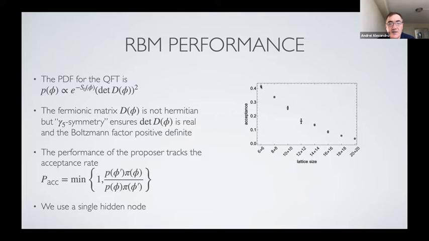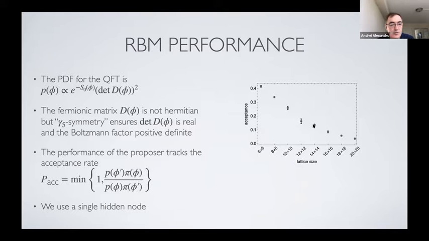This has to do with the fact that the trained RBM can capture quite well the probability distribution of the quantum field theory. But as the volume increases, the probability of acceptance of the correction step decreases.